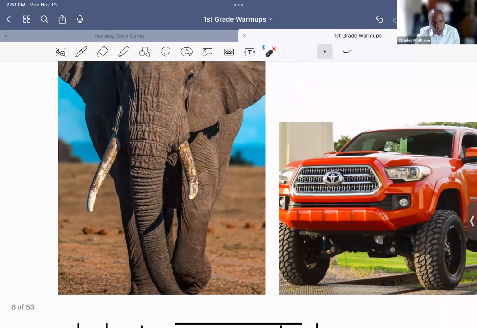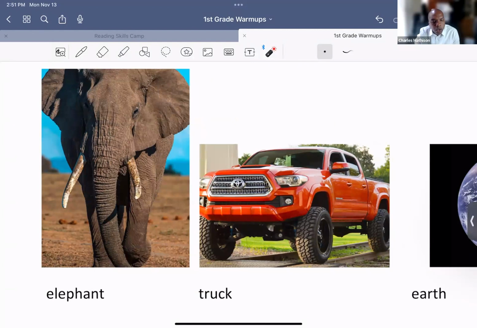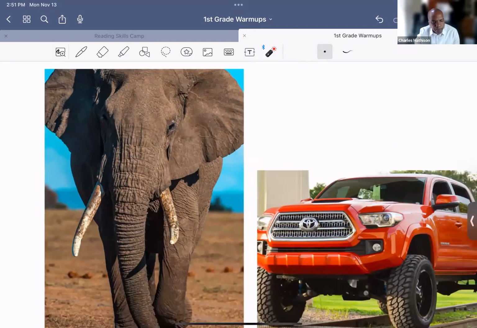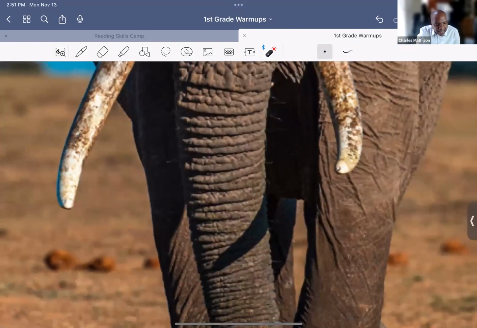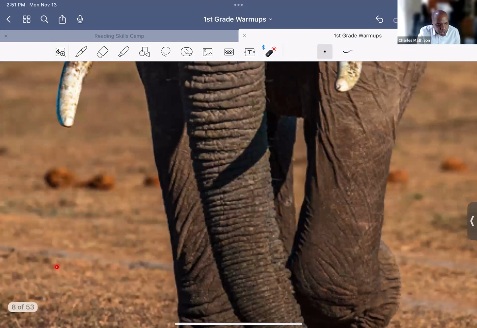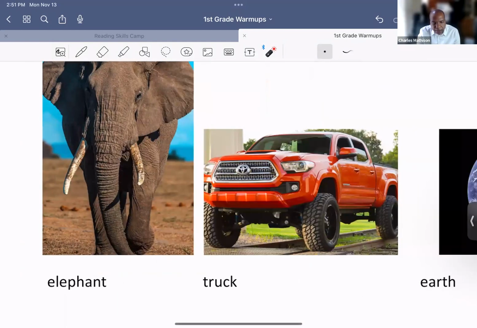Okay. All right. We also use things that stand out, like the environment. So if I'm describing the environment, I can say the ground looks sandy. Okay, there's not that much moisture in it or grass. It looks almost like sand.